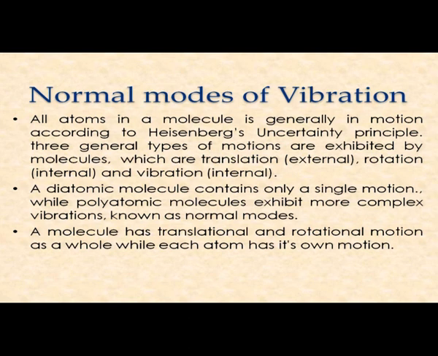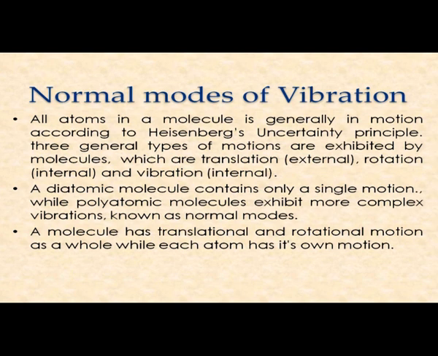The first fundamental concept in atomic and molecular spectroscopy is normal modes of vibration. All atoms in a molecule are generally in motion according to Heisenberg's uncertainty principle. The Heisenberg uncertainty principle connects the position and momentum of a molecule, an atom, a particle.